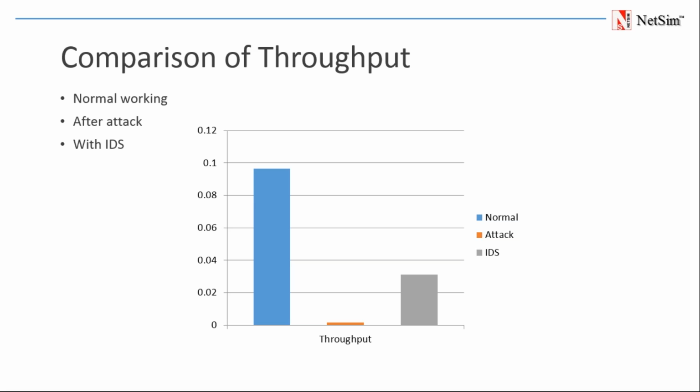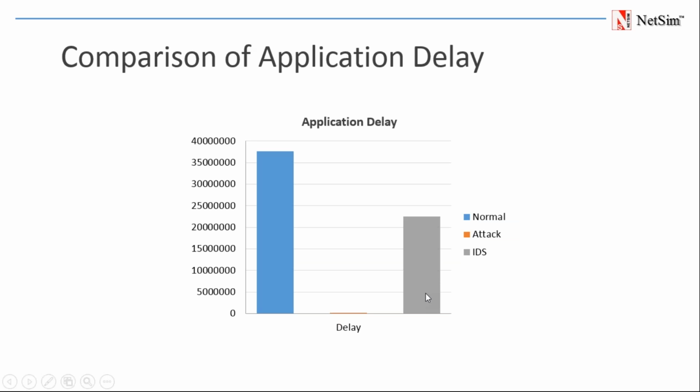First is for normal working, second is for after attack, and third is for with using IDS. We can see the change in the throughput: normal working has very high throughput, and when the sinkhole attack works, throughput is almost zero. But when we apply IDS, it has some throughput. So it improves the throughput after applying the IDS.